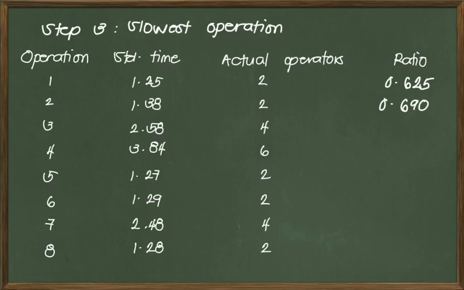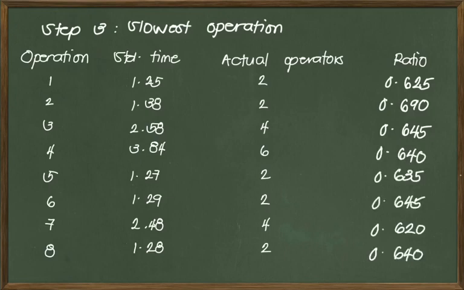Then 2.58 divided by 4, that's 0.645. After getting the ratio for all operations, we look for the highest number. In this case, we can see that 0.690 is the highest number, which tells us that operation 2 takes the longest time to finish.